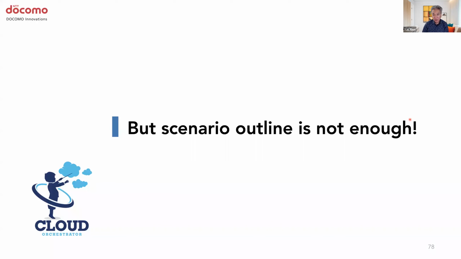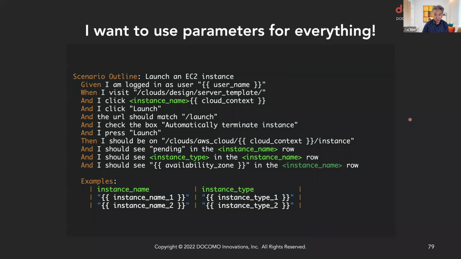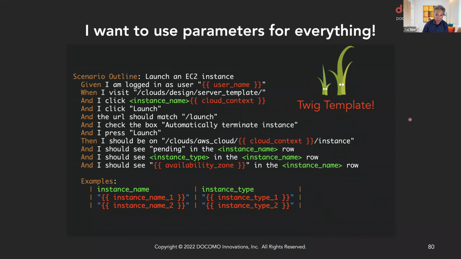In that case, can we publish our scenario as open source on Drupal.org, for example? So we decided to develop a preprocessor of test scenarios based on Twig templates. We developed a preprocessor for Twig templating for feature files.